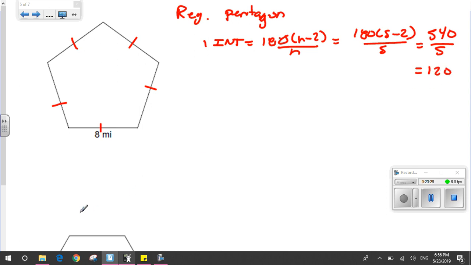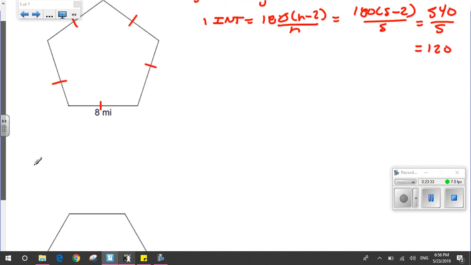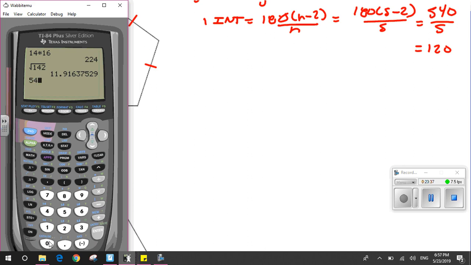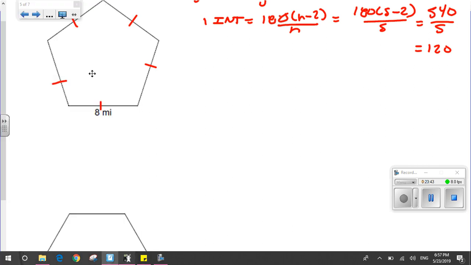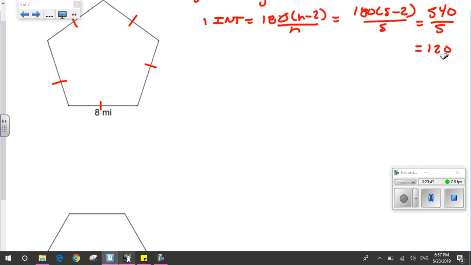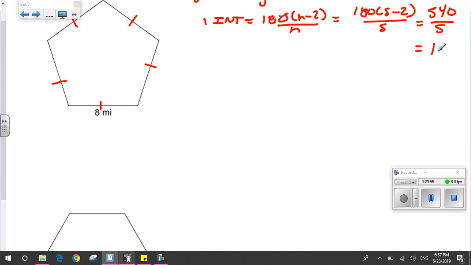Let me double check. No, not 120. 105. Let me just grab a calculator. 108. I'm so sorry, guys. So each interior angle measures 108 degrees.